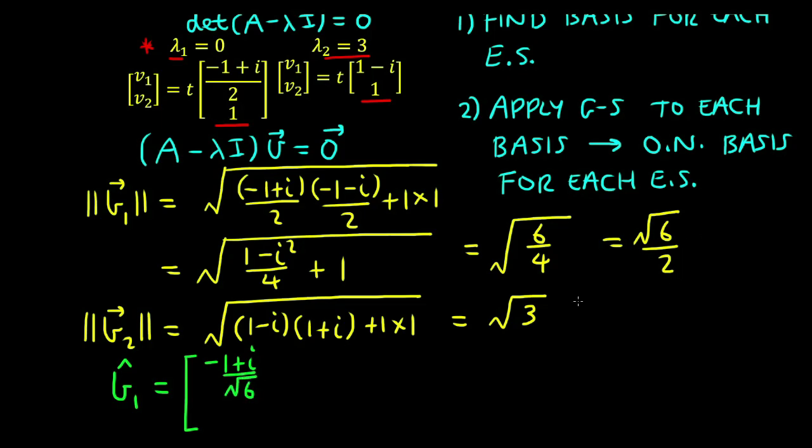And 1 on root 6 on 2 is 2 on root 6. And B2 hat is obtained in a similar way. So 1 minus i on the norm and 1 on the norm.